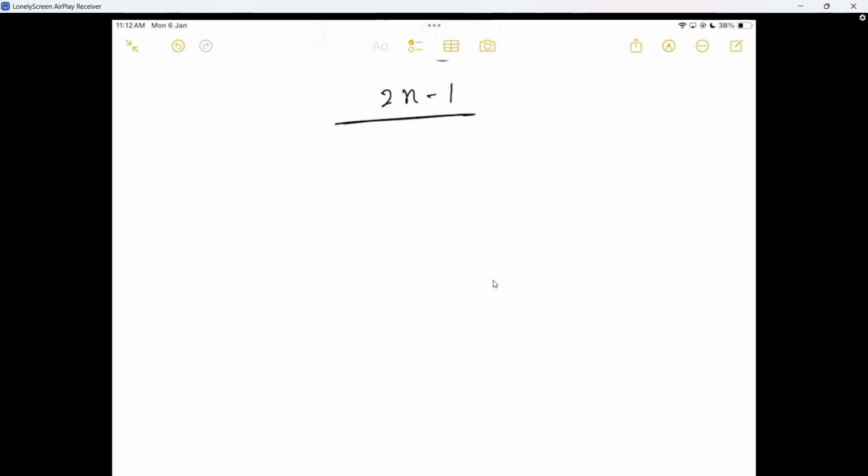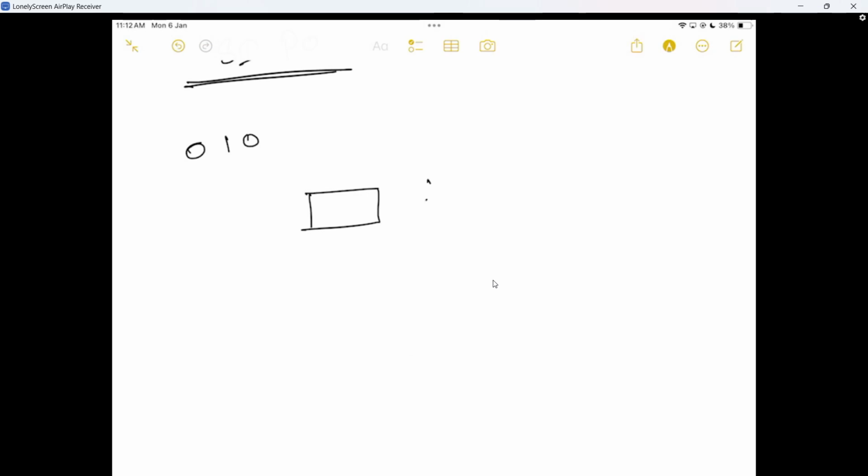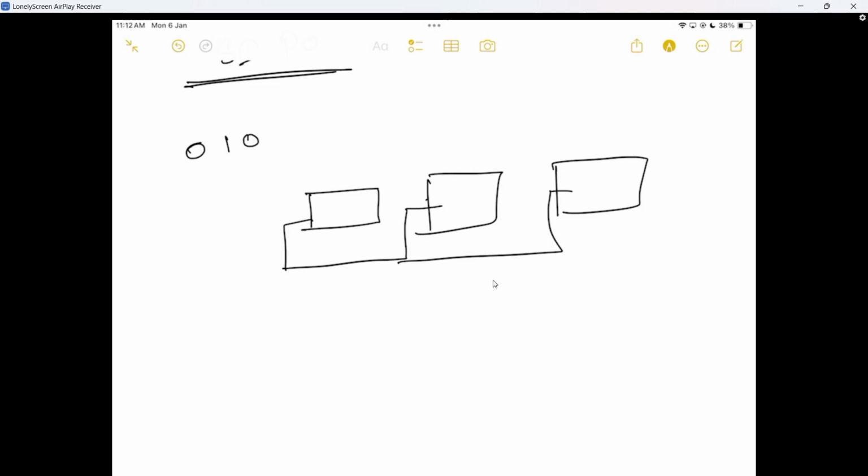Now serial in parallel out. Again we take the same bit number 0 1 0, and one flip flop, second flip flop and third flip flop. So here is the clock, and here the input. But how do we take the output?